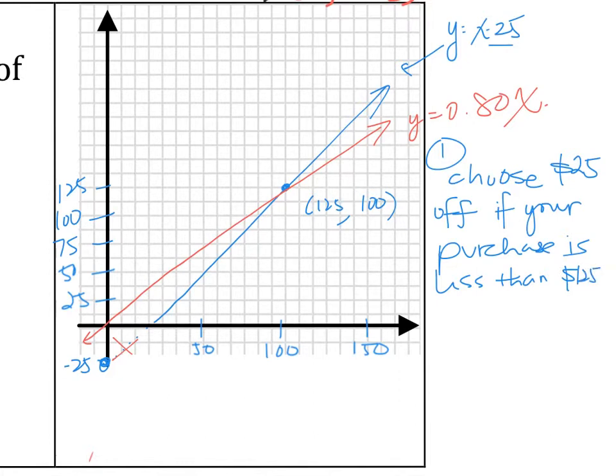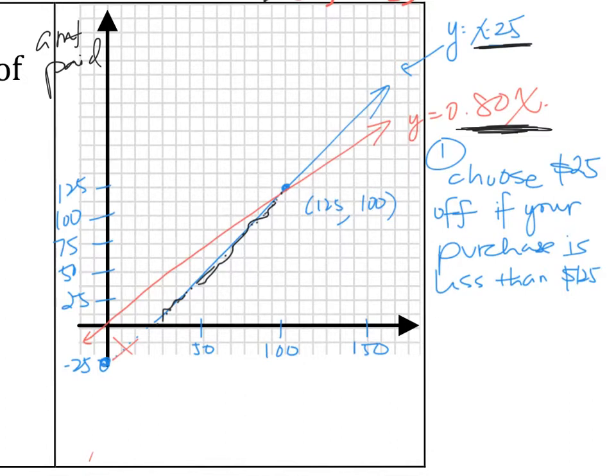Because this part of the graph shows me that the actual amount paid for the $25 discount is less than the actual amount paid for the 20% discount.